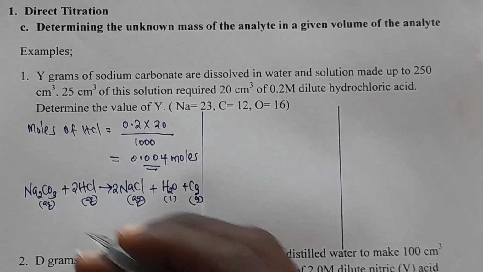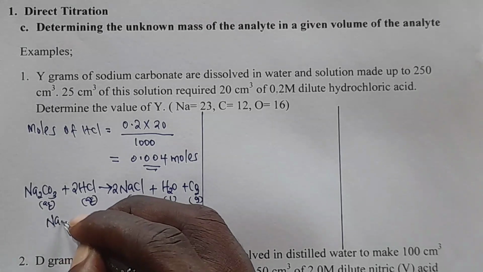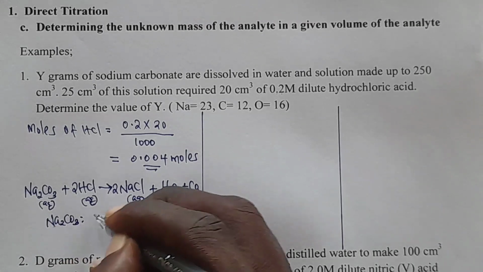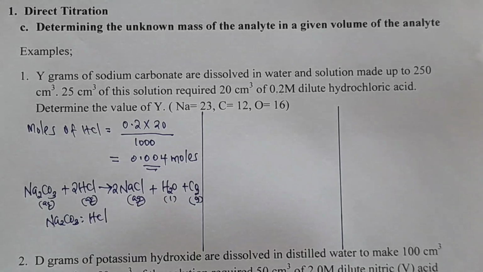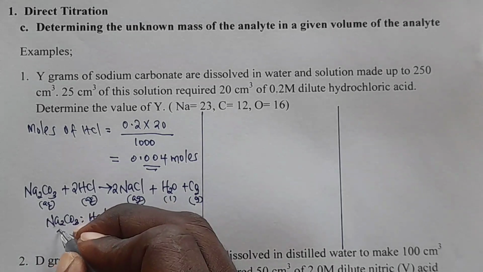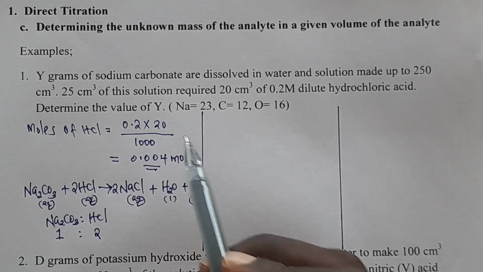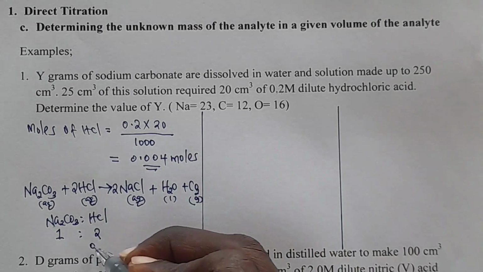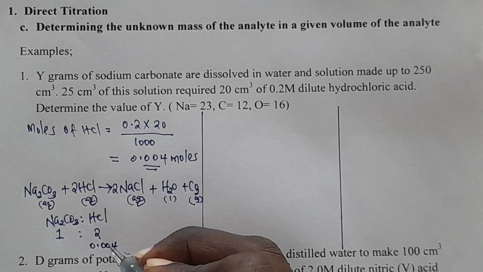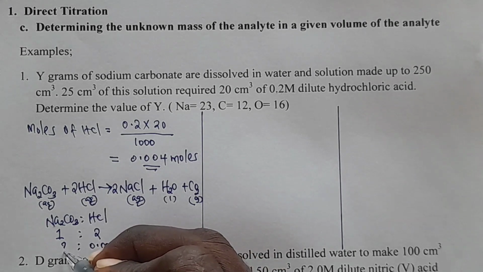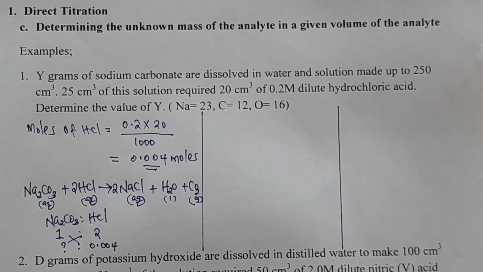So let us see the mole ratio between sodium carbonate and hydrochloric acid. Here, as you can see, it is 1:2. Remember, we have gotten the number of moles of hydrochloric acid as 0.004. So what about the number of moles of sodium carbonate? We can get it.